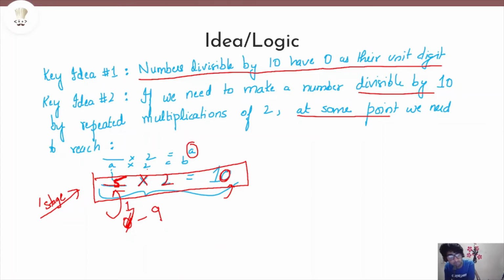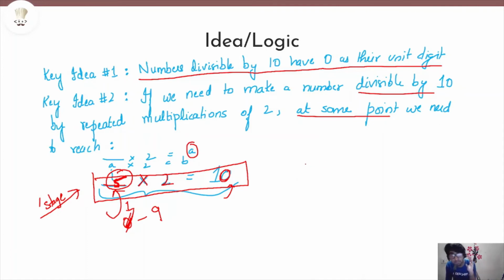So is it possible to reach the units digit 5 by repeated multiplications of 2? I'm just asking you to think that we know this is our ending stage. If we get 5 into 2, we know that that's our ending stage, and if we perform this step, everything is hunky-dory. But how do we reach this stage?